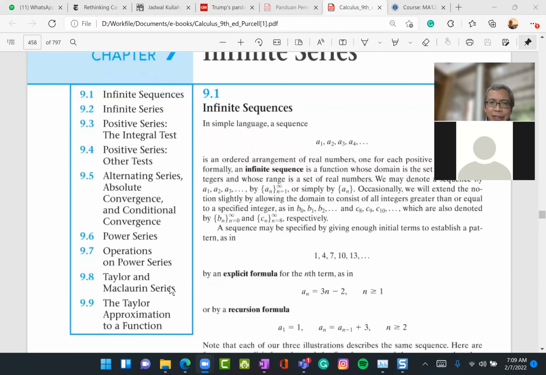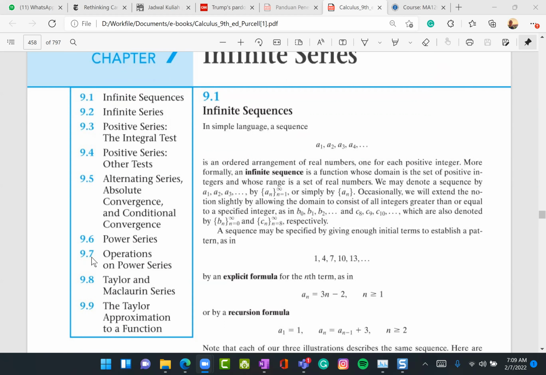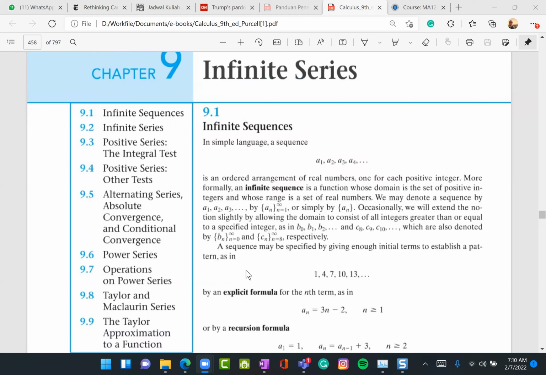But this one is long, and I'd say this is one of the hardest of the two chapters in this course for this semester. It's about sequences and series. So there are 9 sections. Usually we only have 6 sections or something, but this is 9 sections.